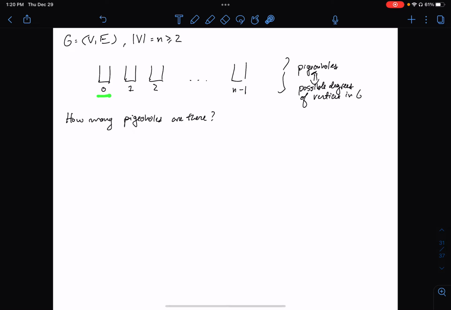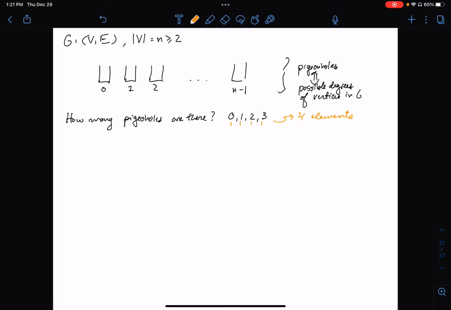Well, 0 is the first one, 1 is the second one, 2 is the third one, and n minus 1 will be the nth possible degree. You just have to notice that if you start assigning bins from 0 all the way to n minus 1, you end up getting n possible bins. When I say bin, that's equivalent to pigeonhole, which is equivalent to what we actually care about, the possible degrees of the vertices in G. If you enumerate a sequence from 0 to, let's say, 3, you're going to end up with 1, 2, 3, 4 elements.